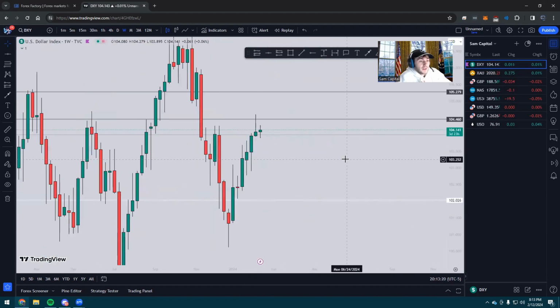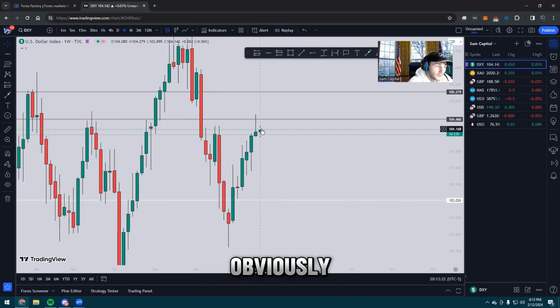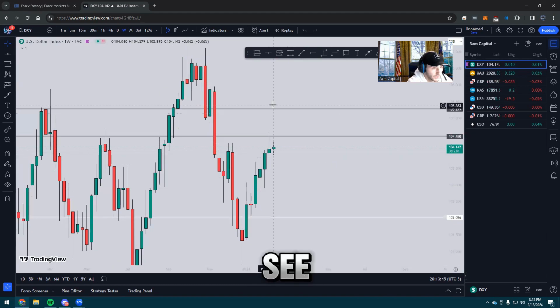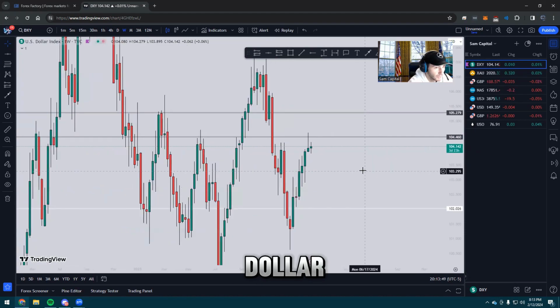But obviously, if we have higher rates, that's going to cut down the supply of the dollar, and in turn, it's going to make it more rare, quote unquote. Because if you have a lower supply of something, it's more rare, and you're going to see the value of it increase, right? So that's why you see the dollar move up here.